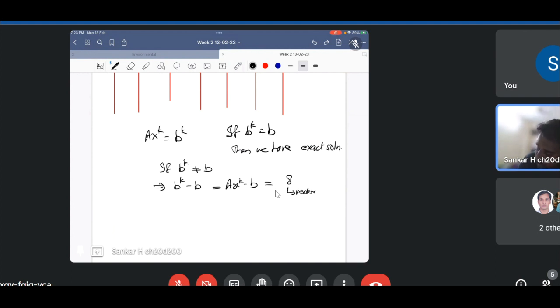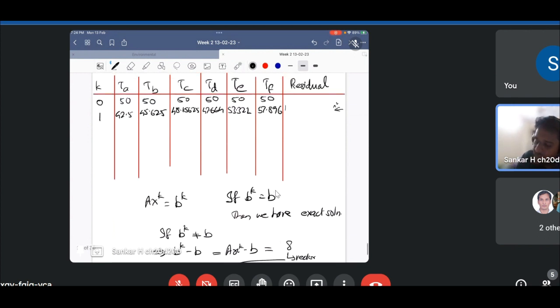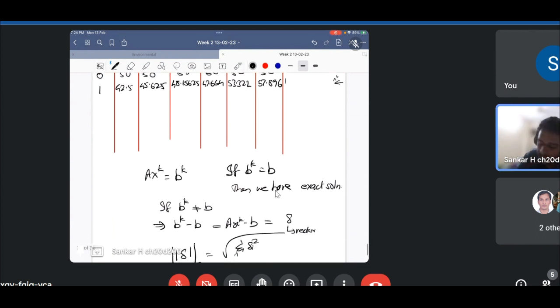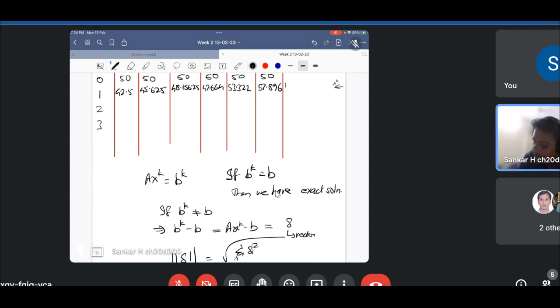One of them would be to calculate the 2 norm of this vector, which is given by the square root of the sum of the squares of the elements. If you calculate it over here, we'll get some value. We see that after each iteration the residual has to keep on decreasing.